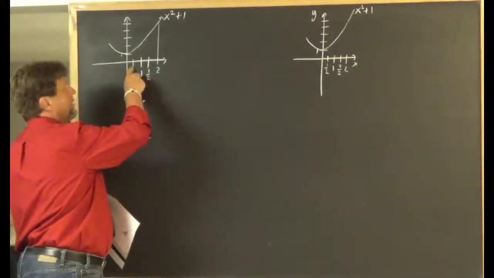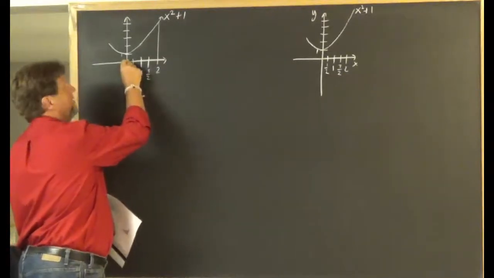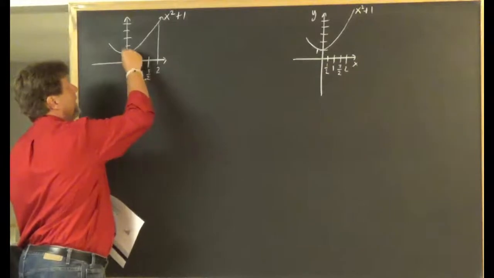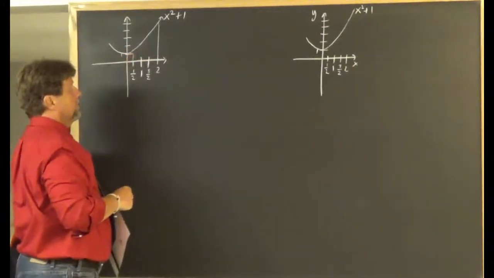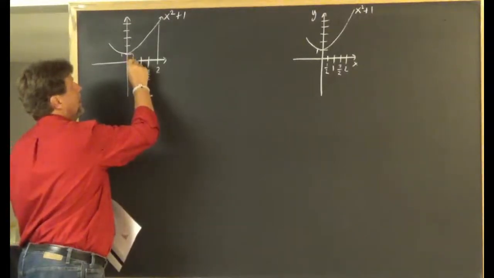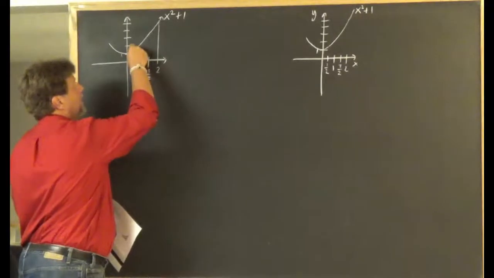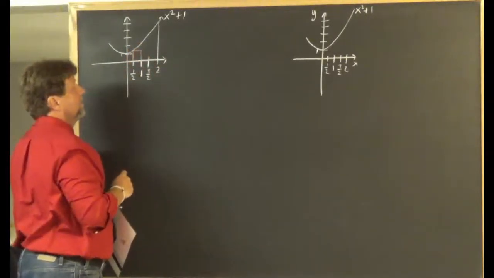So the first subinterval is 0 to 1/2. I'm going to use the left end point of that subinterval to give me the height of the rectangle. The subinterval 1/2 to 1, I'm going to use the left end point of the subinterval to give me the height of the rectangle.